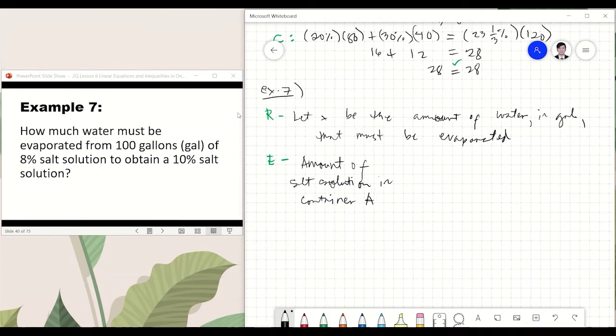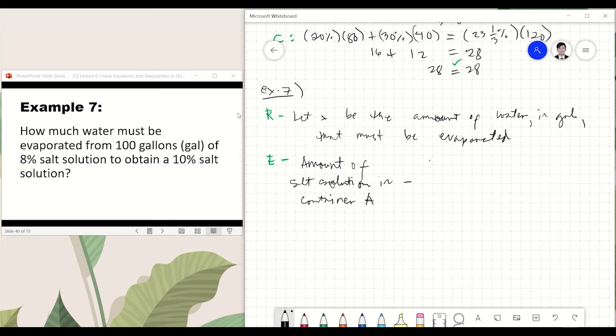So, hindi na tayo nagdadagdag ng tubig sa ating container A. But instead, we're trying to remove a certain substance from it. So, hindi na tayo maggagamit ng plus but a minus sign. Okay? Kasi gusto nating mag-evaporate yung tubig dito sa ating salt solution.